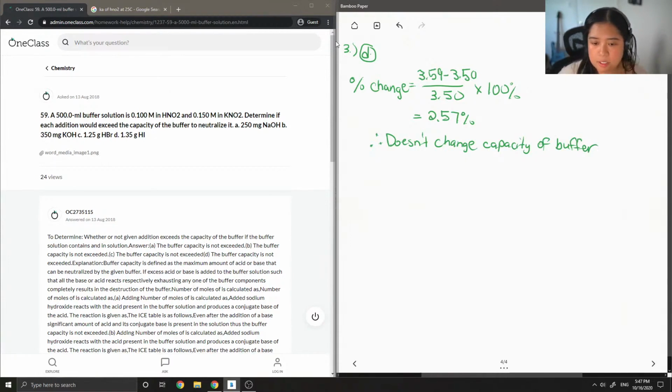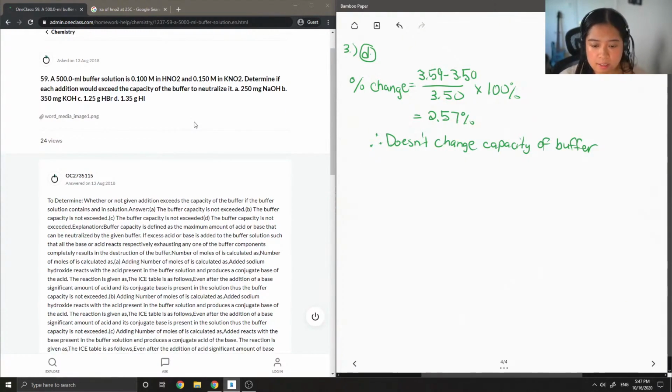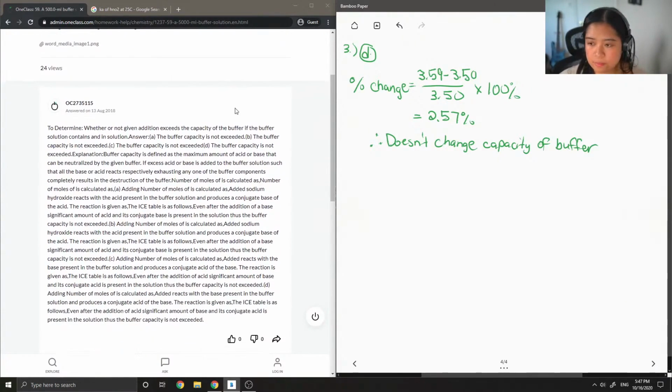Basically, you would just do the same thing that we just did for KOH, HBr, and then HI to just find out if it changes the buffer excessively.